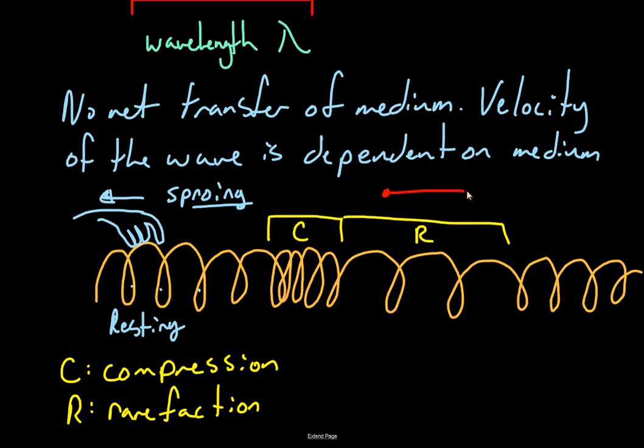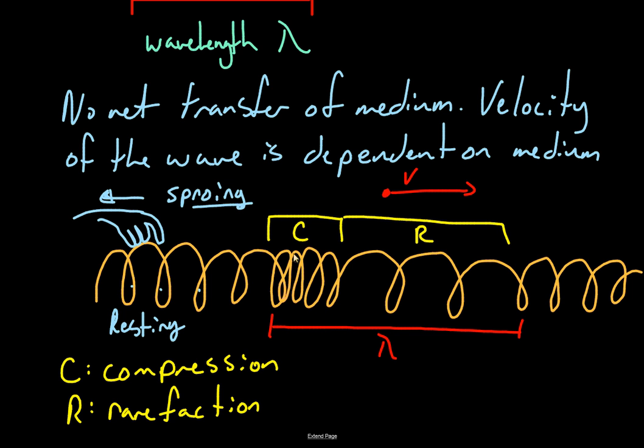So this also has a velocity. This also has a wavelength. It has an amplitude, which is a little harder to define. You could have more or less compression and rarefaction. It's a little different than amplitude in terms of your transverse wave.